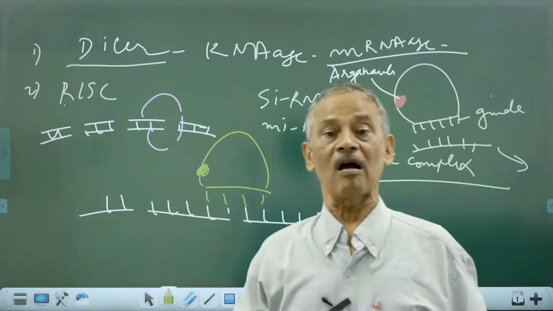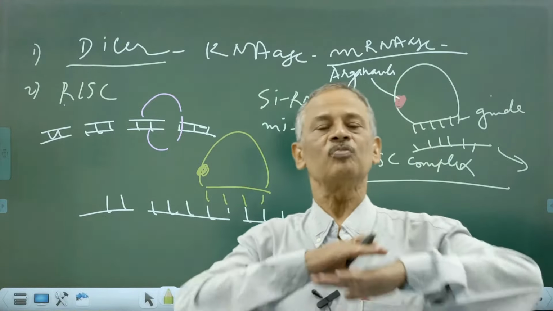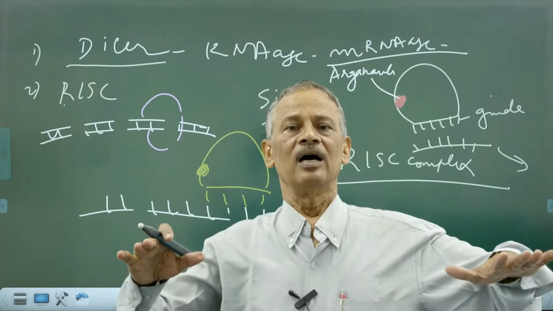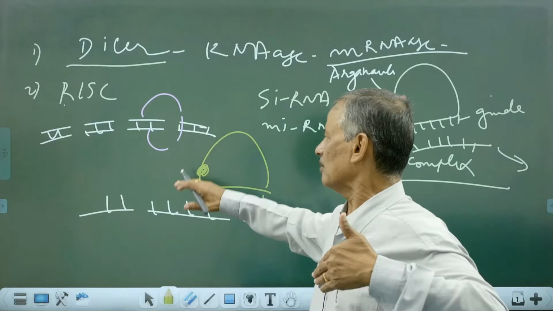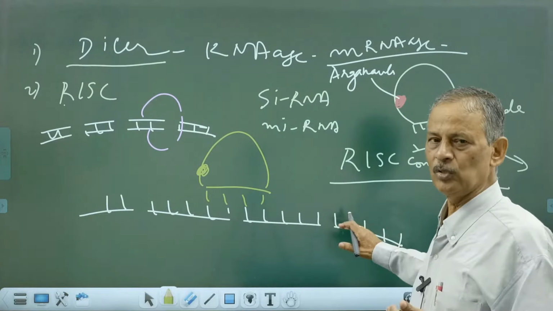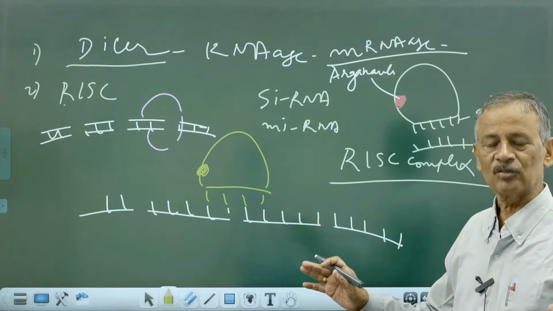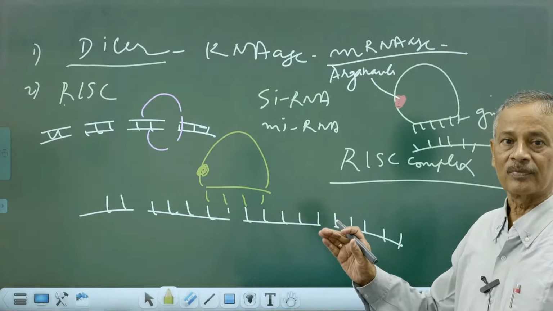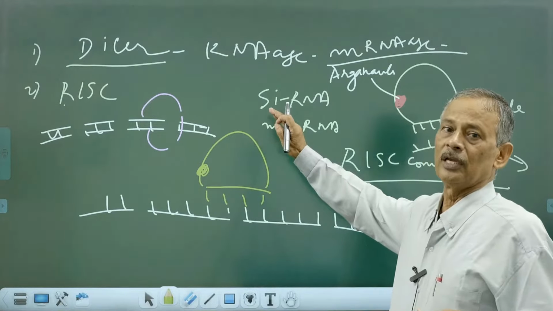That is why it is called gene silencing. The gene is made silent after transcription. That is, transcription is the process whereby mRNA is produced. That mRNA is cut and destroyed. So, that gene is never allowed to be expressed.